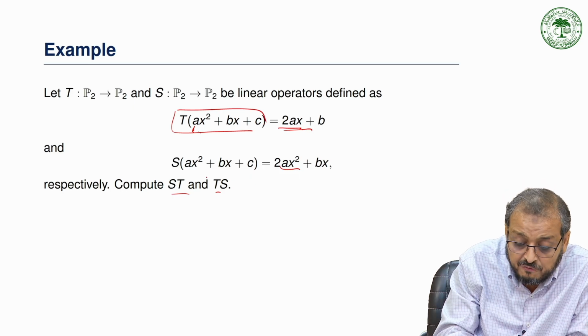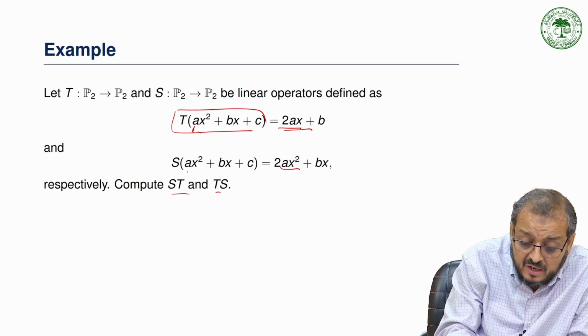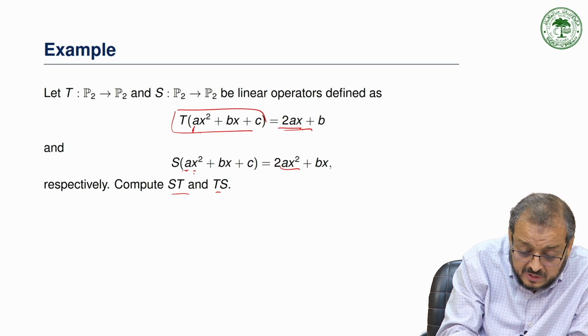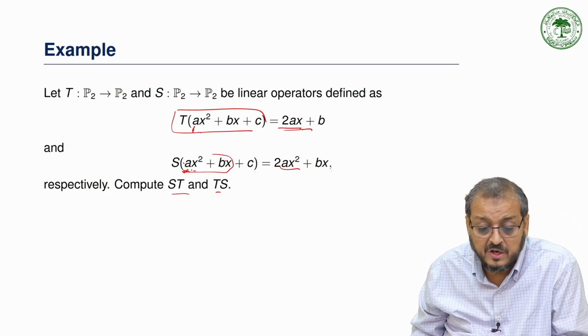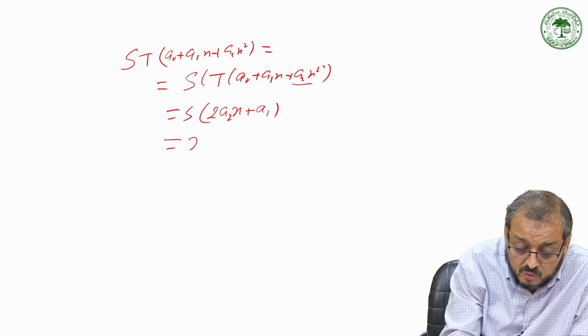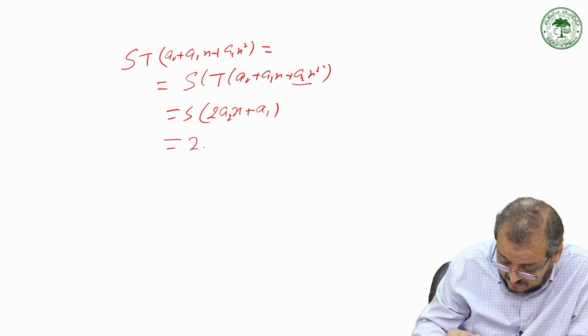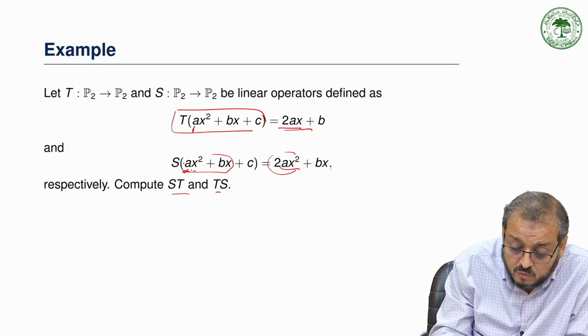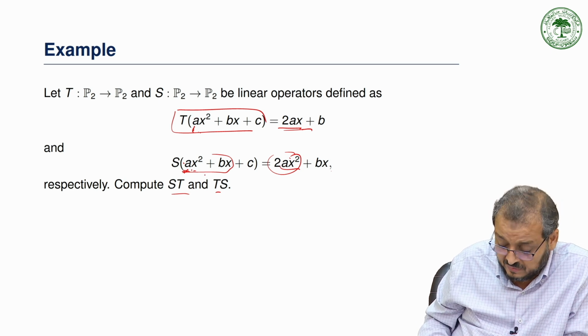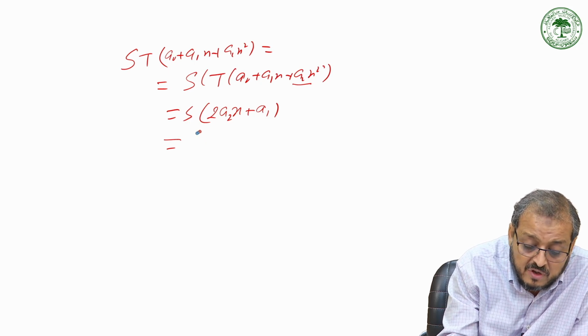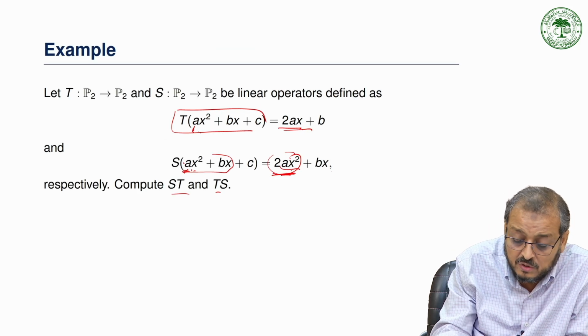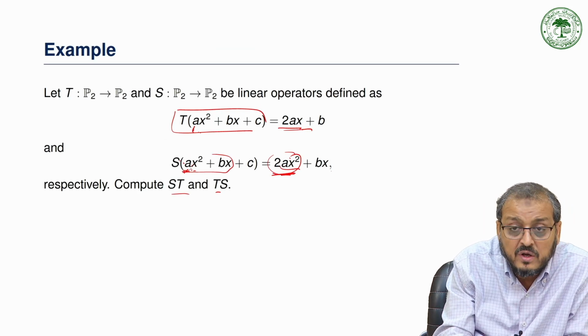Now S is defined in terms of 2 times the coefficient of x², plus the coefficient of x. In this case x² is not involved here, so what is left is 0, because the coefficient of x² is 0.